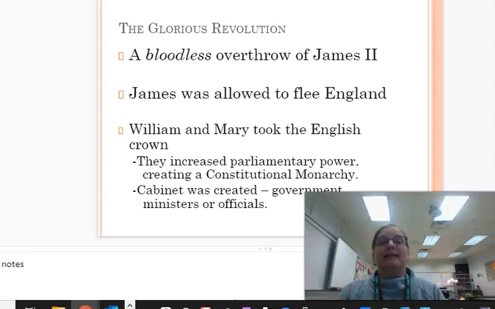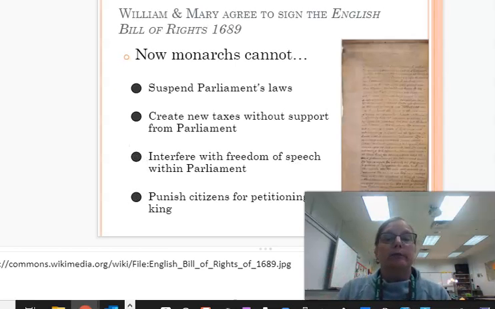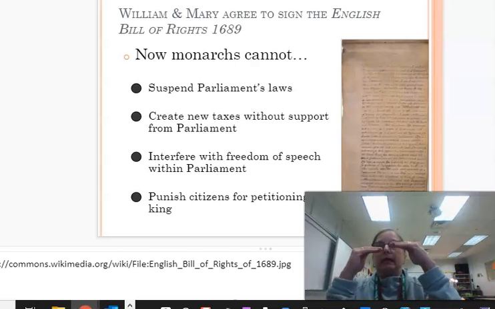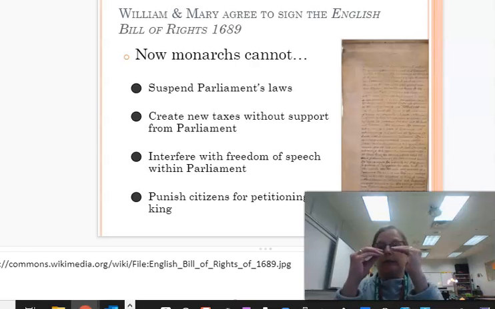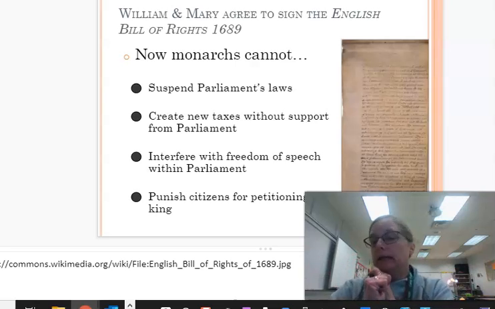a key event is they are going to create a constitutional monarch with the English Bill of Rights. The English Bill of Rights will be a list. It literally makes England and the Parliament, the King and Parliament, ruling together. The King can't suspend Parliament's laws.